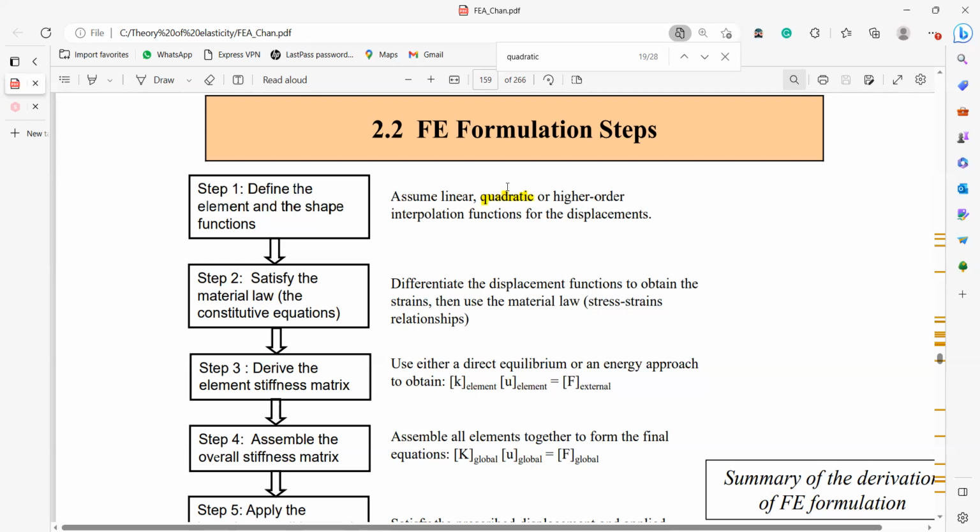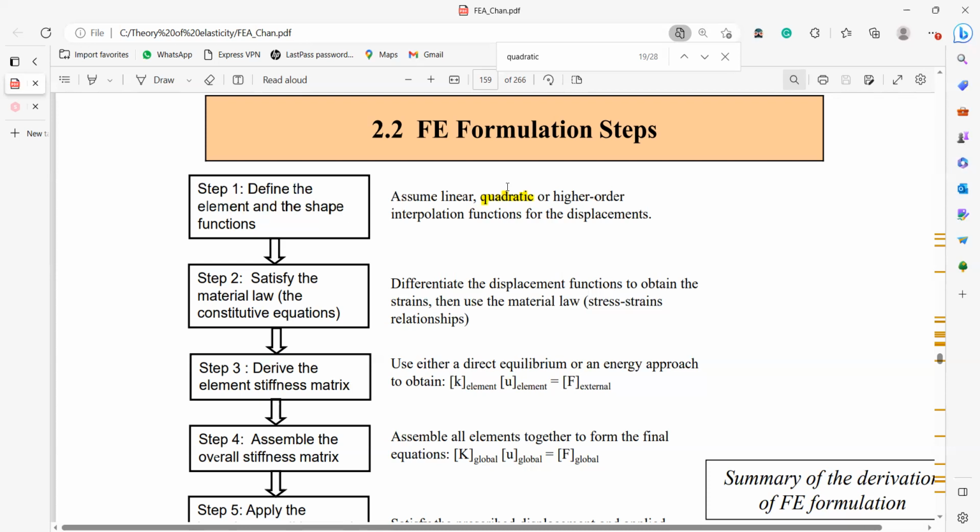So you can either add the number of elements or you can increase the order. Like we saw in the previous one, where there were just two elements for the quadratic or four elements with linear. Which was better?